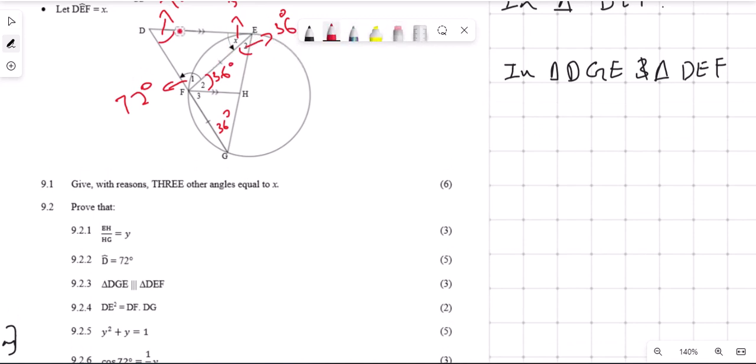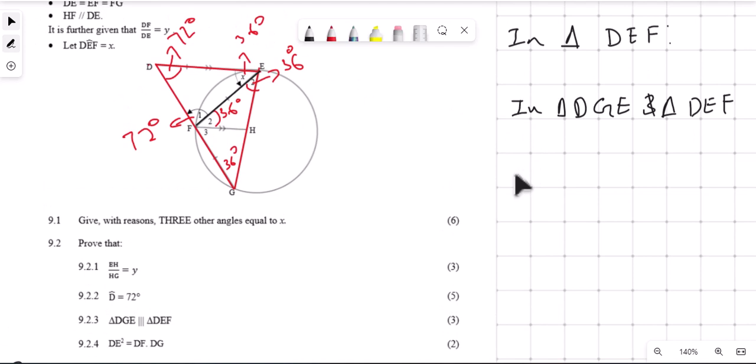DGE, the smaller one, and DEF, the bigger one. Proving that they are similar, I think this can be very much straightforward. It's not straightforward. We'll see. I'm not really familiar with this question.